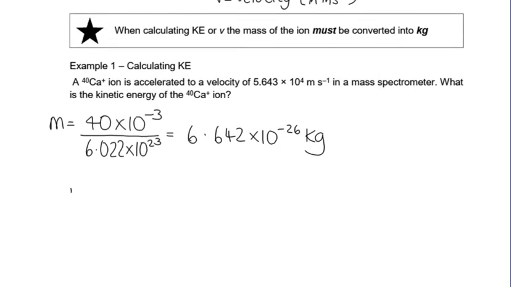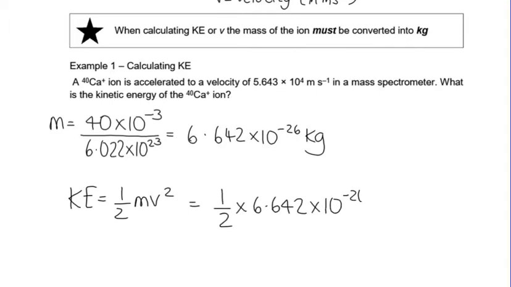And then we use our kinetic energy equation, a half mv squared. So we've got a half times our mass times our velocity. And don't forget that you must square that number on your calculator.